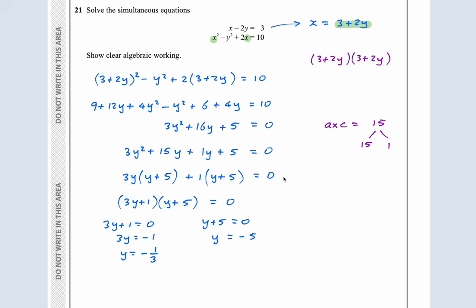To get the x for both of these, here I'm going to use this. I'm going to say x is equal to 3 plus 2 times minus a third. You can use your calculator here, guys, if you want, but this is 9/3 minus 2/3 is 7/3. And here x is equal to 3 plus 2 times minus 5, which is 3 minus 10, which is negative 7.